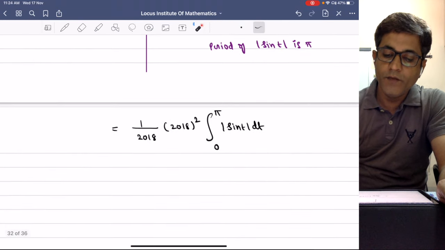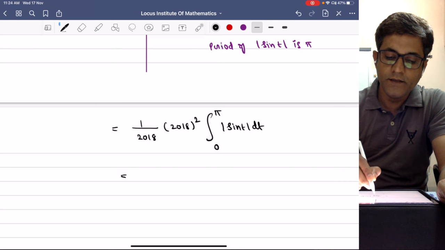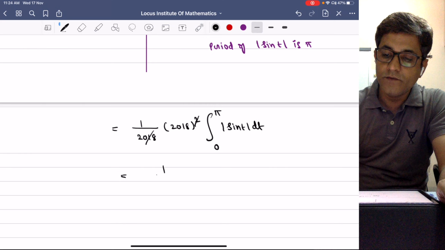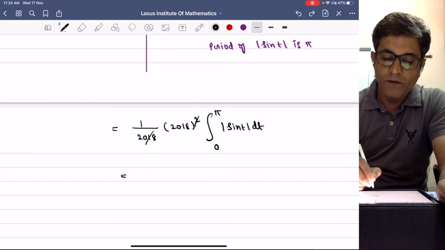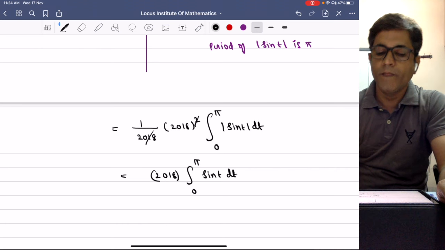You can also cancel 2018 one time. So this is equal to 2018 times the integral from 0 to π of sin t dt.